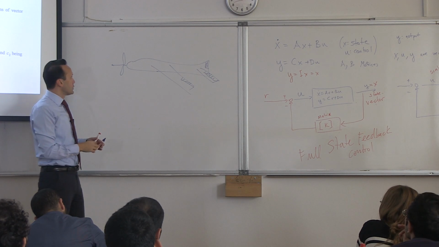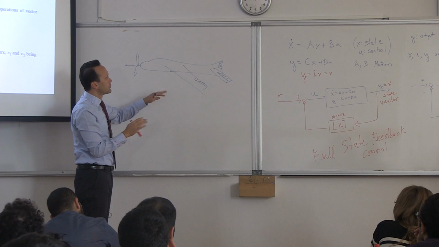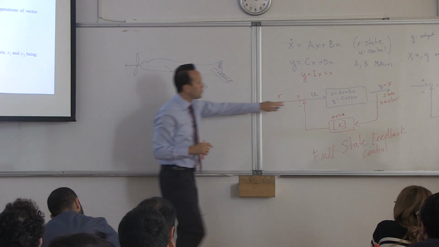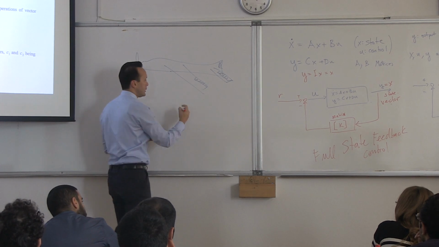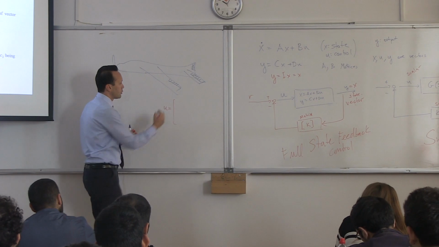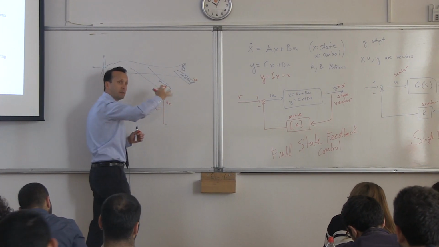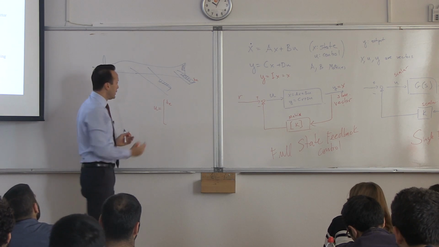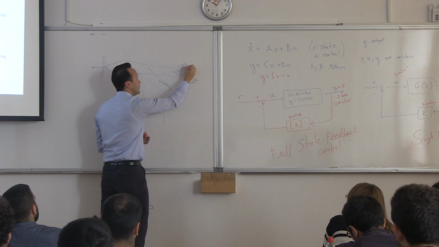So the actuation here, the input to the system, U, is really these control surfaces. U would be a vector. It would be the movement of the aileron, maybe the angle of the aileron. It would be the angle of the rudder here.